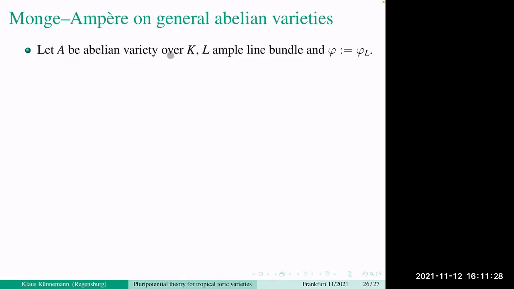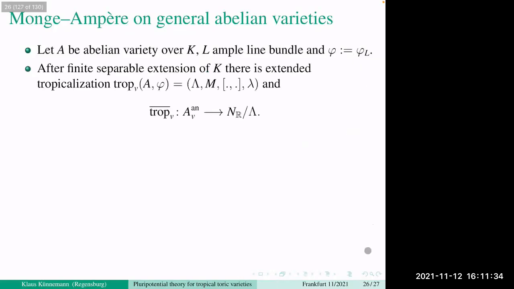So now we take any abelian variety over K. We look at an ample line bundle and the associated polarization. Then you have to take a finite separable extension of K so that you can do non-Archimedean uniformization and Raynaud extension and so on.